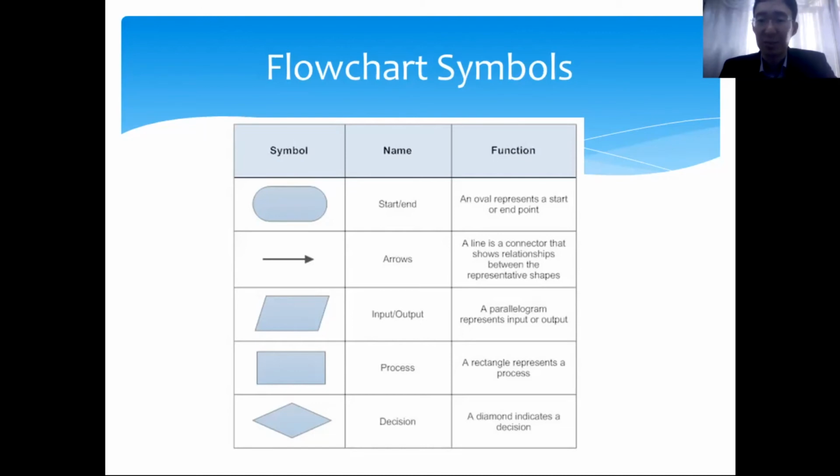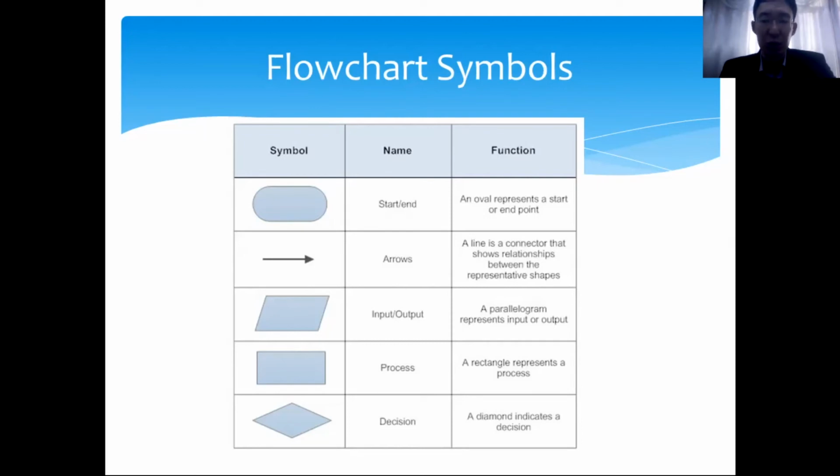It is where we start and where we end every single sequence. Then we have an arrow, a line which shows the relationship between representative shapes. Then we have the parallelogram, which represents input and output, basically what comes into the algorithm and what comes out of it.